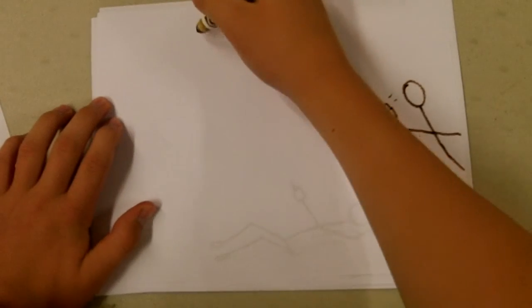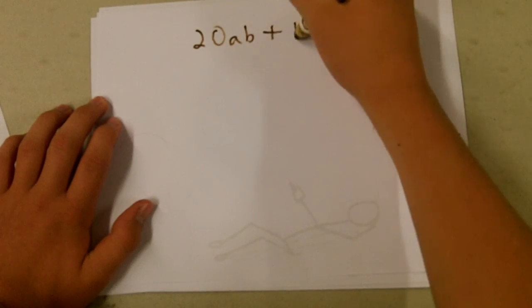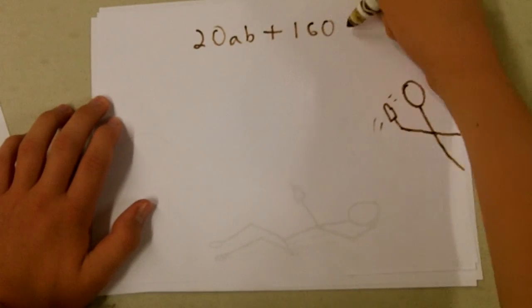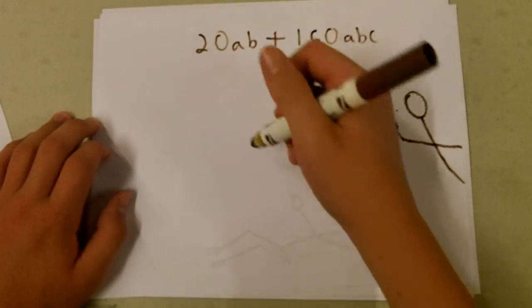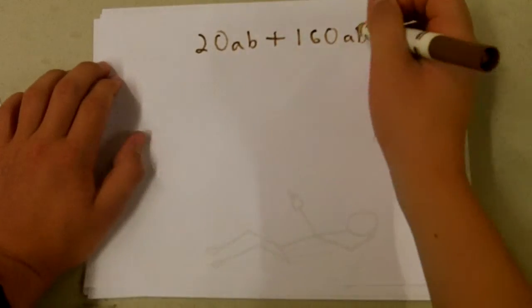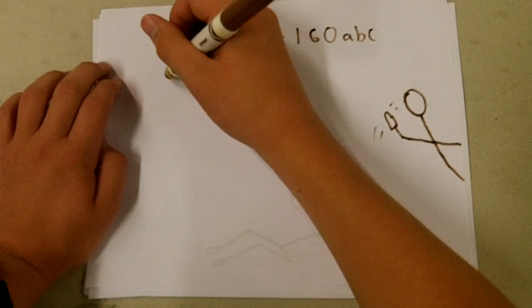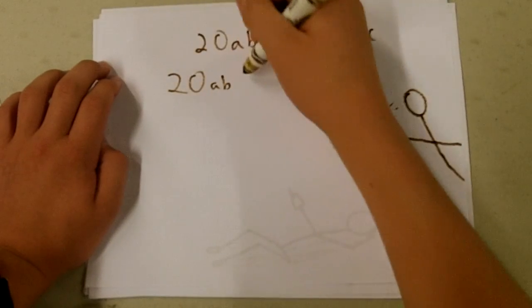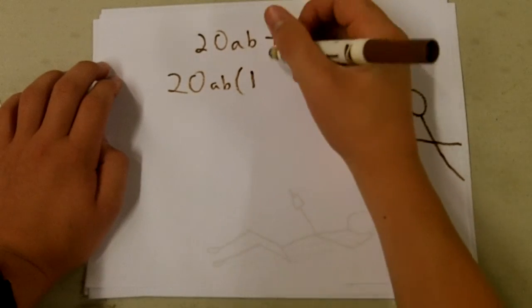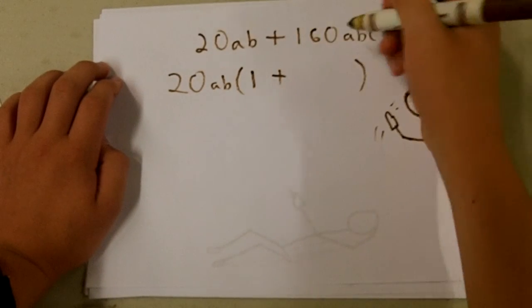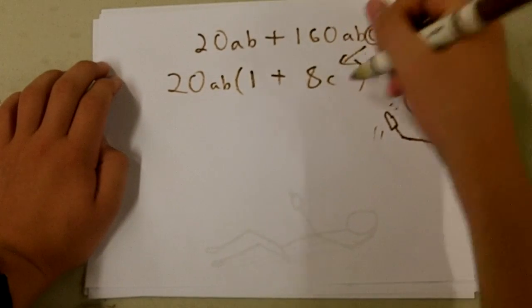This one is 20ab plus 160abc. And we're going to factor this by taking the 20 out of both of these, because that's what they have in common, and the ab out of them. 20ab, make a set of parentheses, put in 1, because 20ab times 1 is 20ab, plus 8c, because we want to include the c in our answer.